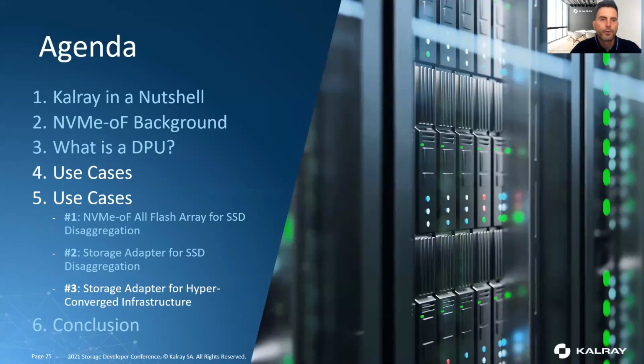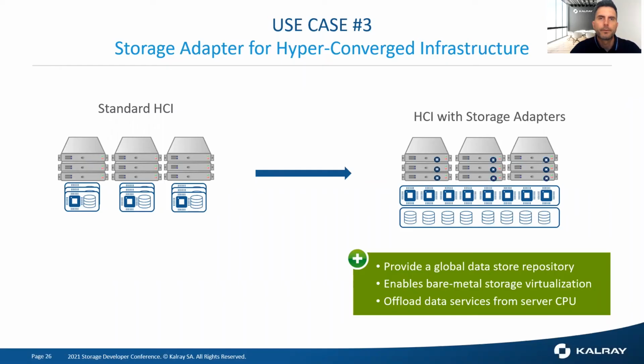Let's now switch to the third use case I want to talk about today. The third use case is called storage adapter for hyper-converged infrastructure. Similar to use case number 2, but still a bit different. On the left, if you take a standard hyper-converged infrastructure, you have identical servers, each with both some compute and some storage, so some local disk in each server.